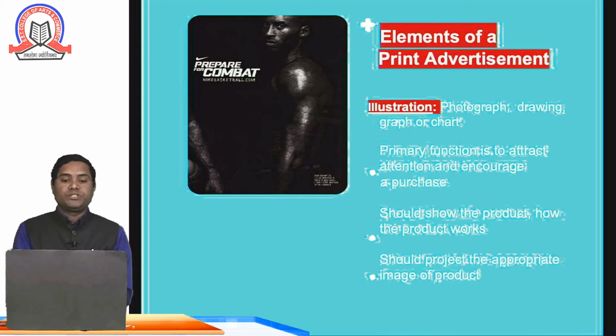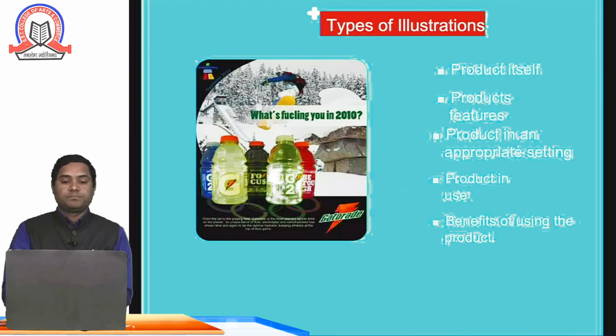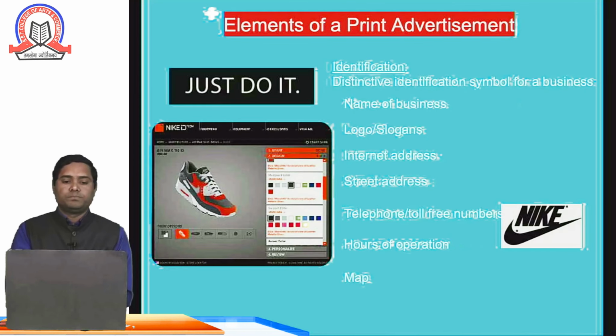That should be shown here and should project the appropriate image of the product in the mind of the reader. Then there are different types of illustrations. Sometimes the product itself can be the illustration, product features you can highlight, or the product in an appropriate setting, that can become illustration, or the product in use or benefits of using that particular product, that can be shown.